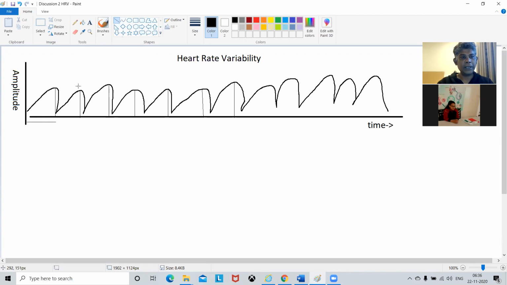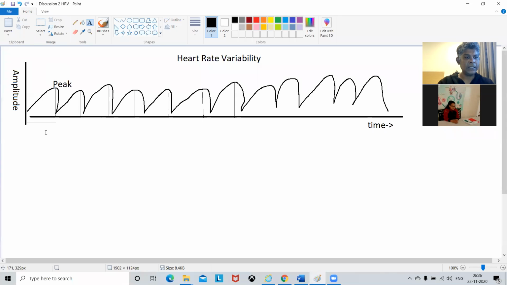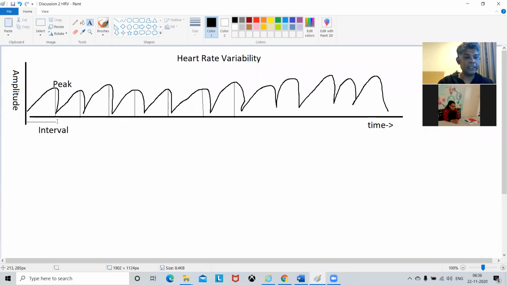So this is a peak, and this is the interval. From here to here is another interval, from here to here another interval, and so on and so forth.